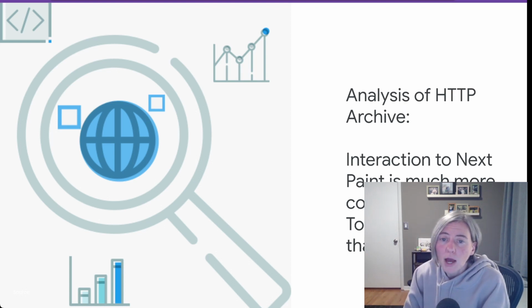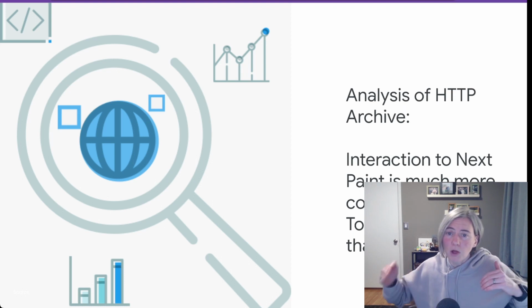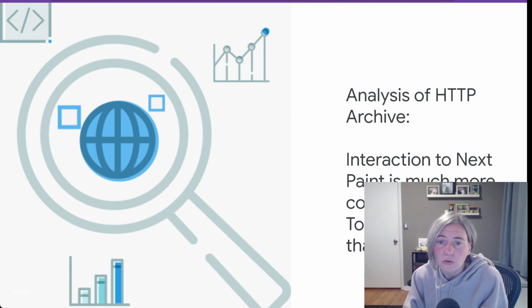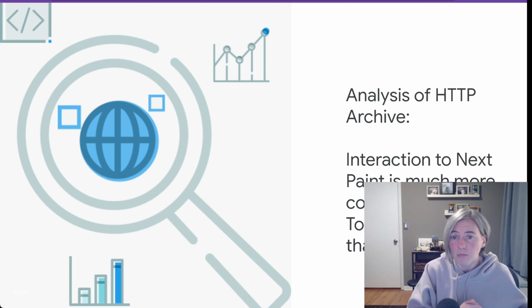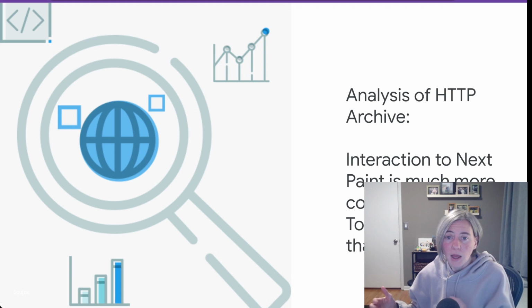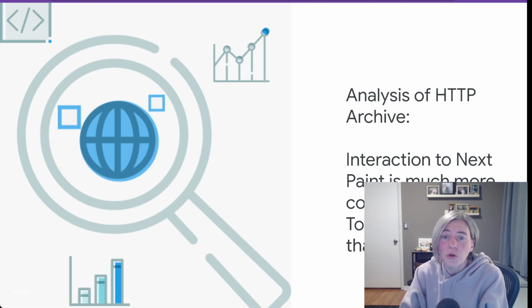We looked at the total blocking time metric, which sums up main thread blocking time spent in JavaScript and other tasks during page load. We did an analysis of the HTTP Archive, taking the total blocking time calculated from Lighthouse for 3 million sites and correlating it to both their first input delay and their Interaction to Next Paint from real users.